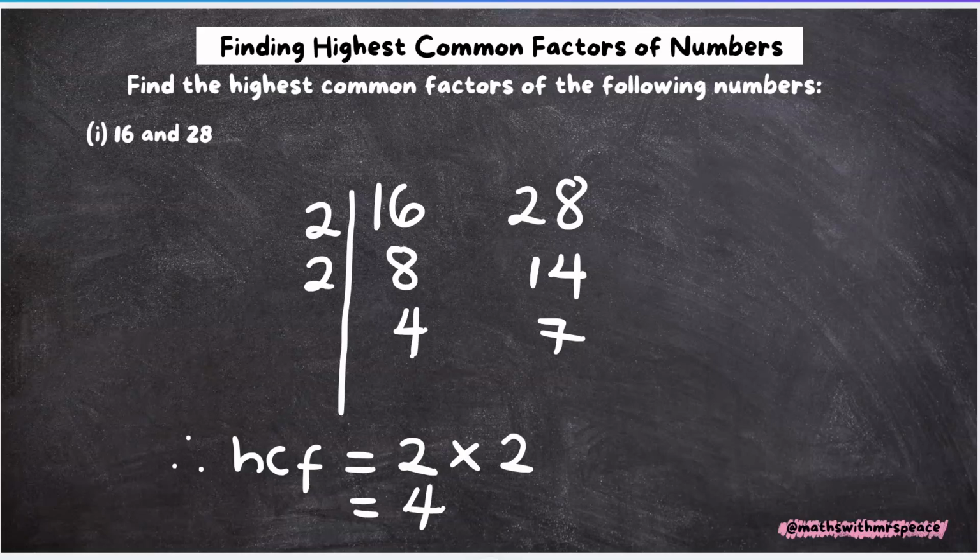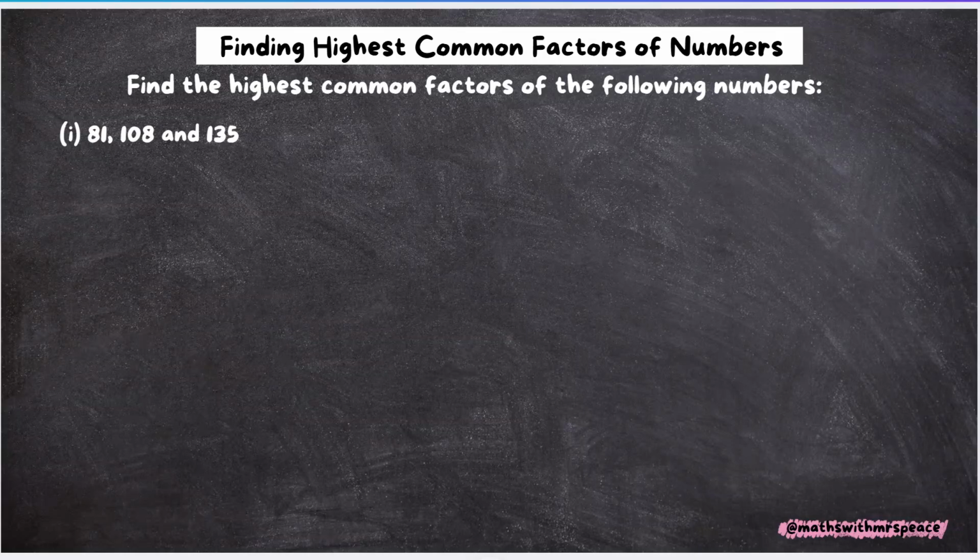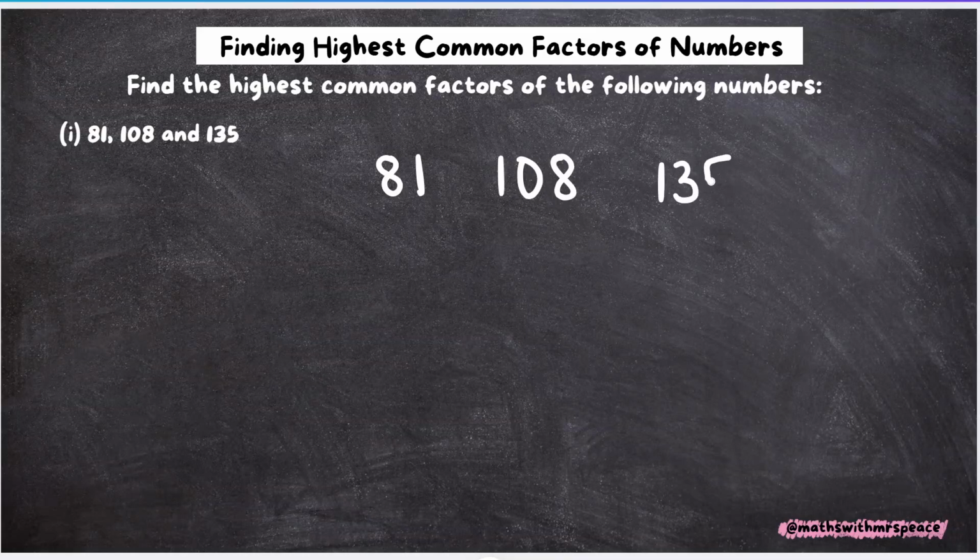Let's go ahead and take a look at another example using this method. So we have, find the HCF of the following numbers. We have 81, 108, and 135. So let's go ahead and write them out just like we did in the previous examples. We have 81, we have 108, and 135.